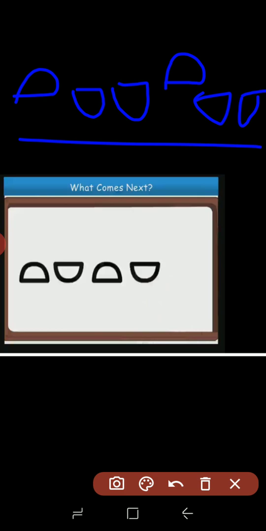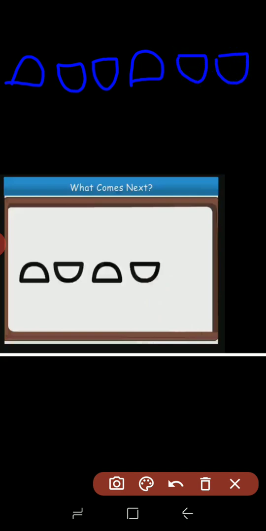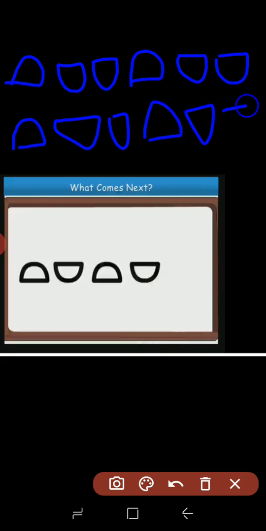I'll draw it again for you. One facing upward, then two facing downward, then one facing upward, then two facing downward, then again one facing upward and two facing downward. So this will become the pattern.